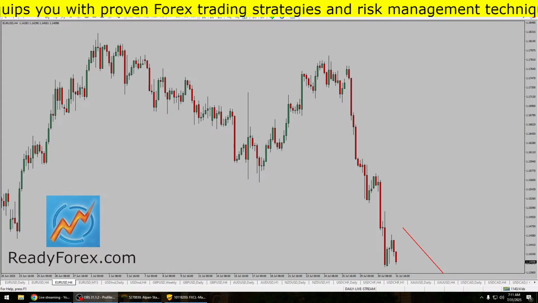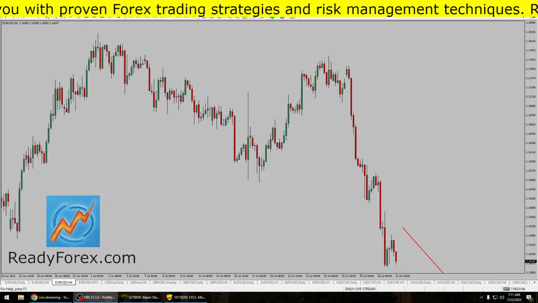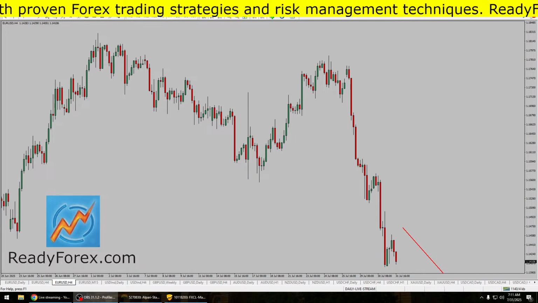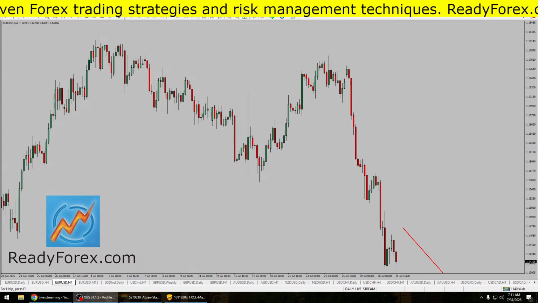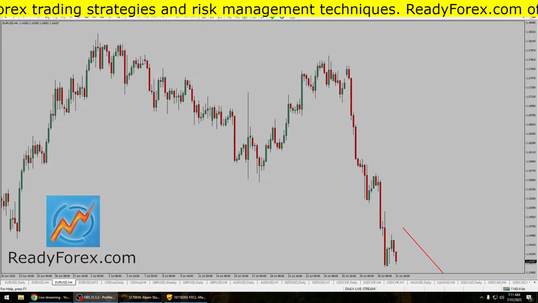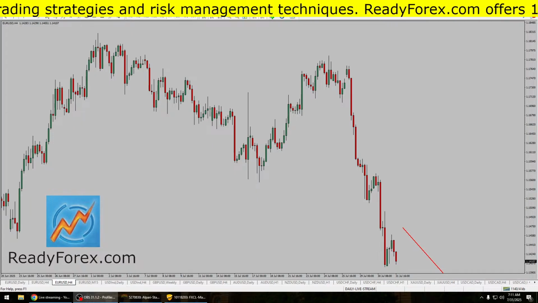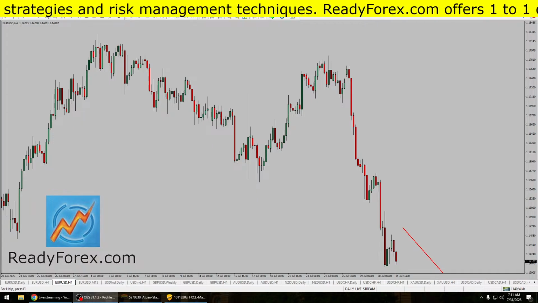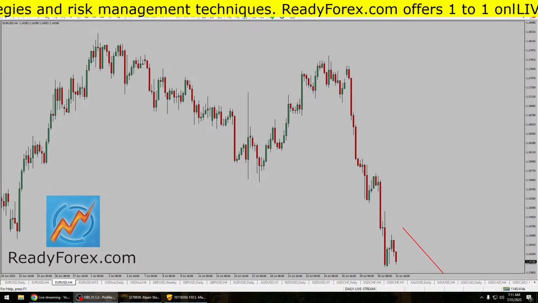You can trade the bond market, you can trade the indices, you can trade the cryptocurrency pairs as well. Okay, so there are different things that you can do. You can use the Elliott Wave to trade the stock market as well.